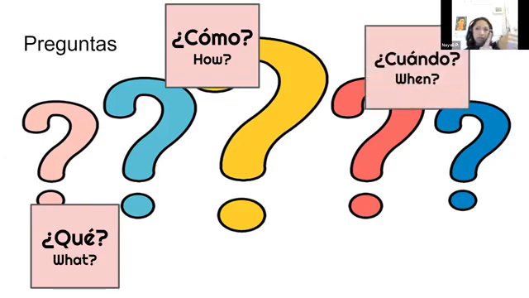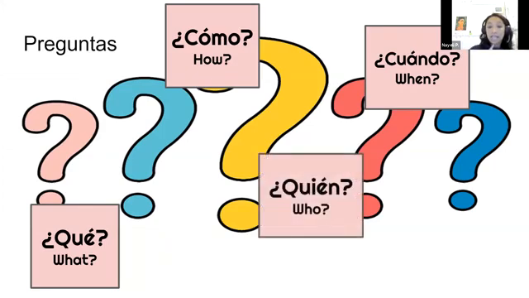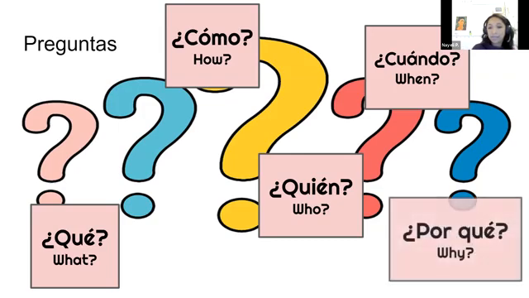Cuándo. It talks about the time. Cuándo. ¿Quién? ¿Por qué? Why? ¿Por qué?